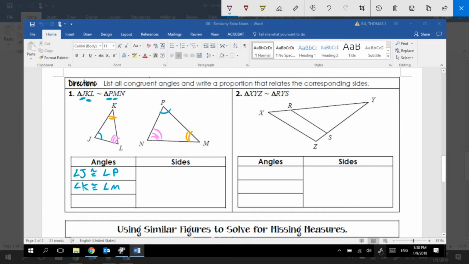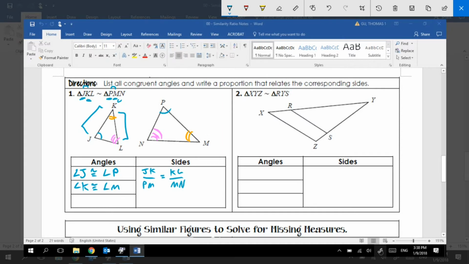Which sides are similar? We need to write using a proportion. JK is going to have a ratio with PM, so JK over PM. This ratio is going to be the same as KL over MN.